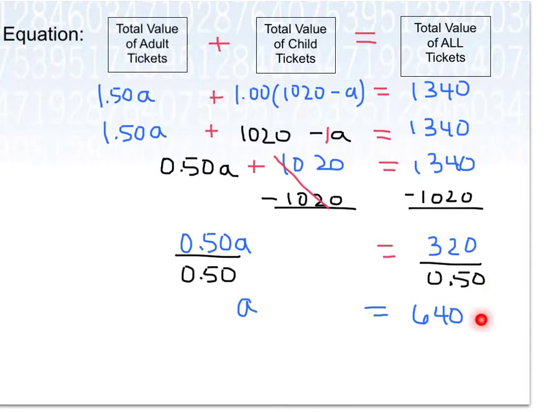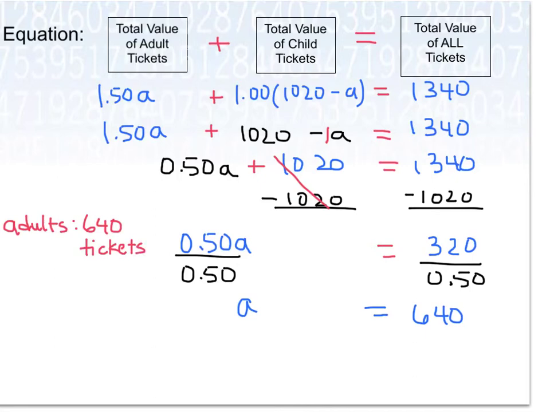The total number of tickets was 1,020, so it's less than 1,020. So I reason that that's a reasonable answer. I'm going to summarize that on the side. As far as the adults, we have 640 tickets, always remembering to put the units on my answer.